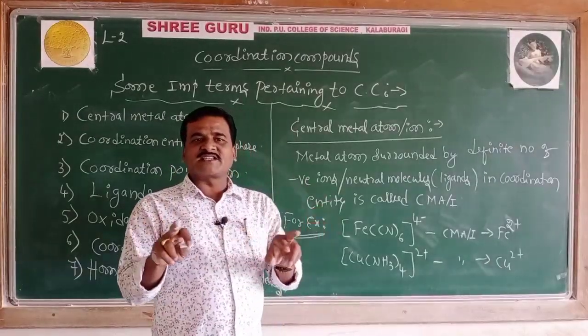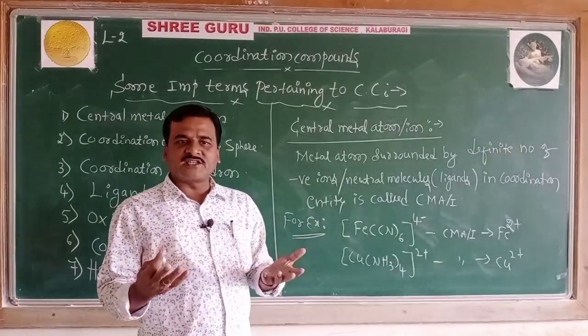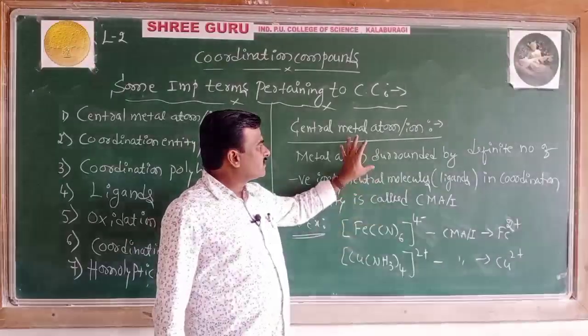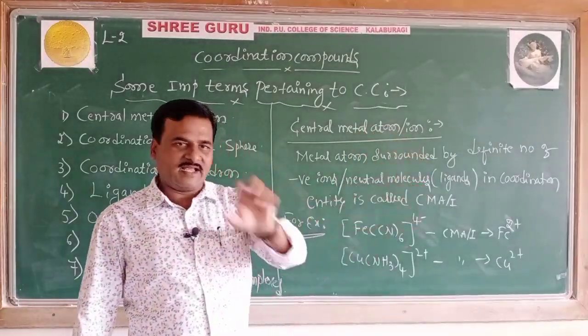So in a coordination entity or coordination sphere, this is called the central metal atom or ion.